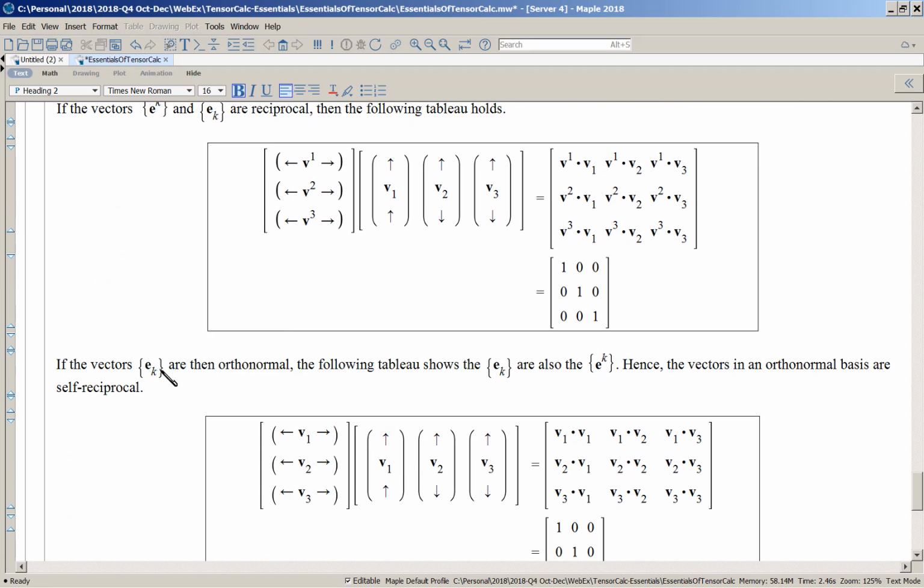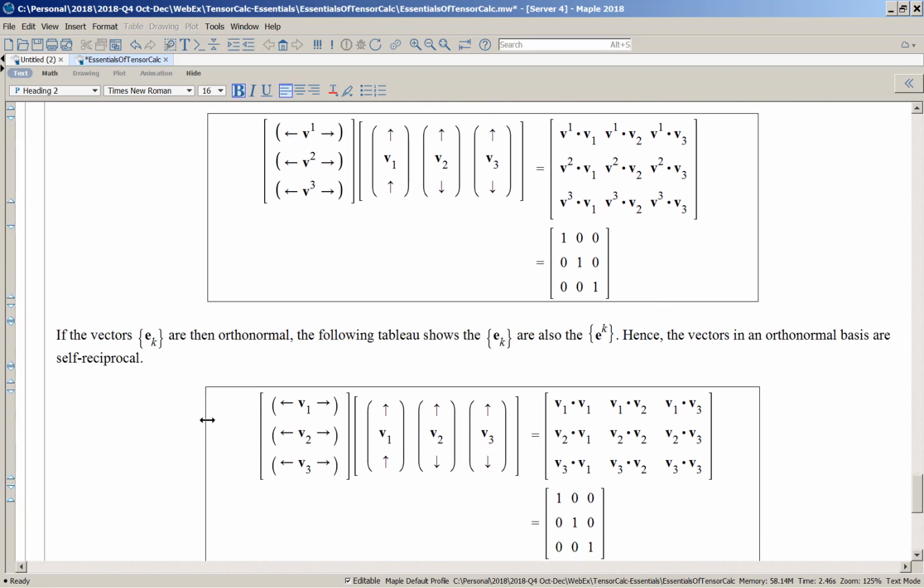Now, let's take vectors that are orthonormal. And so I'm just going to pick subscripts. So replace these vectors with the subscripted vectors, because you only have the one set, because we're looking at a set of vectors that are orthonormal.